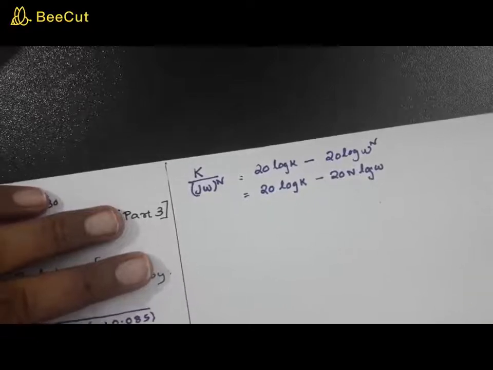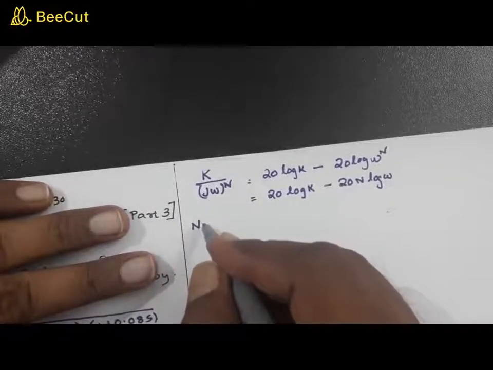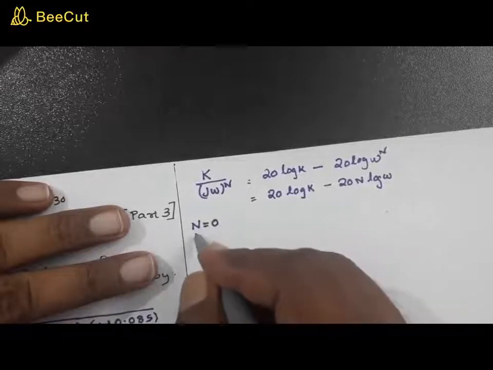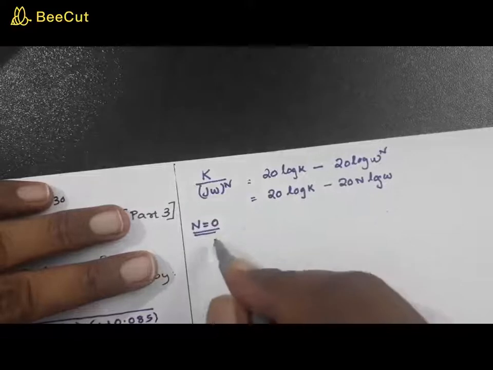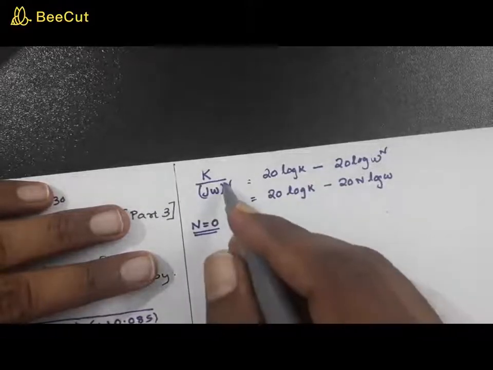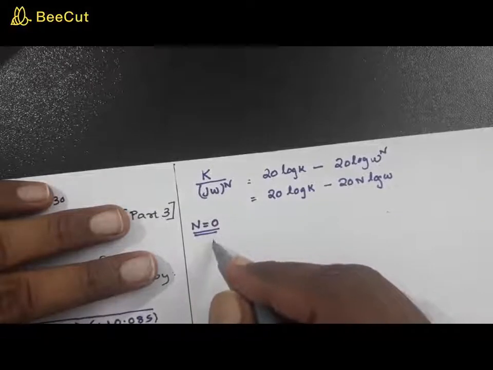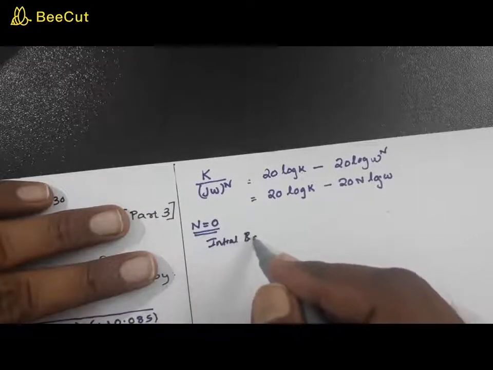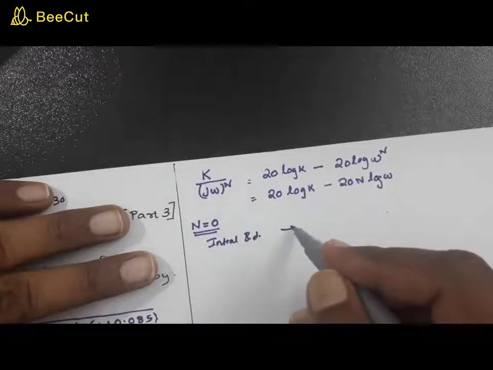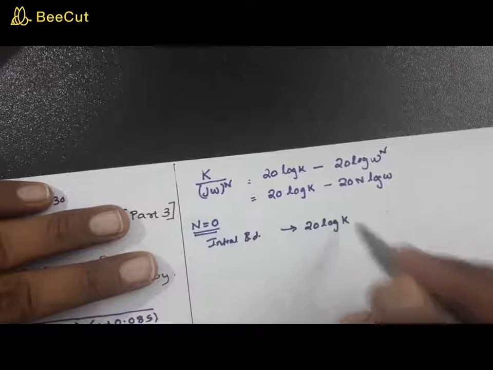Now let us start with some basic examples. Suppose your n is equal to 0. N is equal to 0 means the magnitude of this factor is, when n is 0, this term becomes equal to 1. So the Bode plot starts from 20 log k.